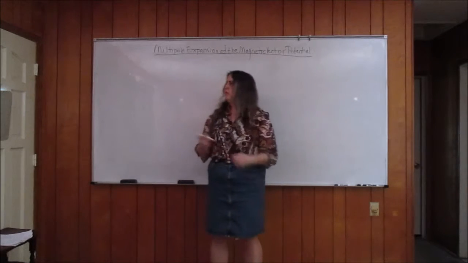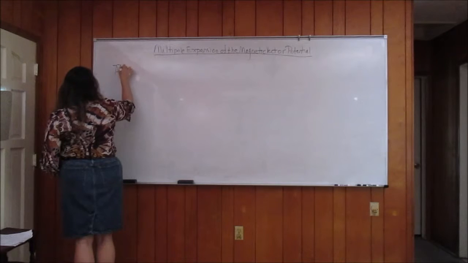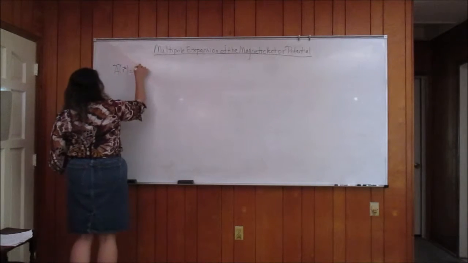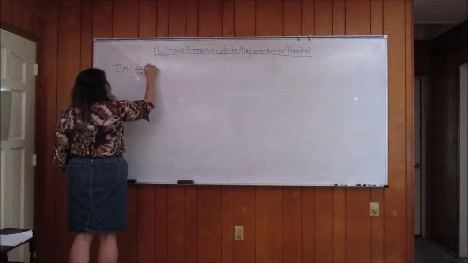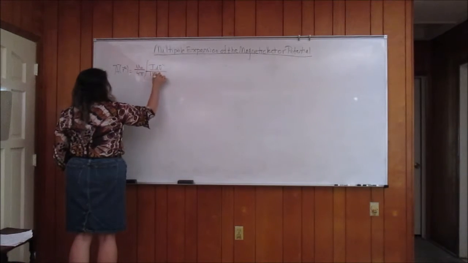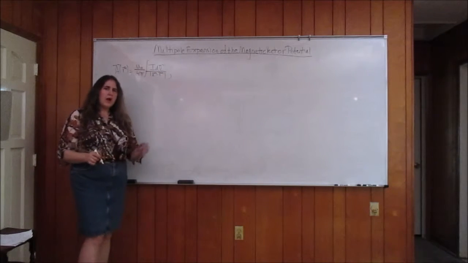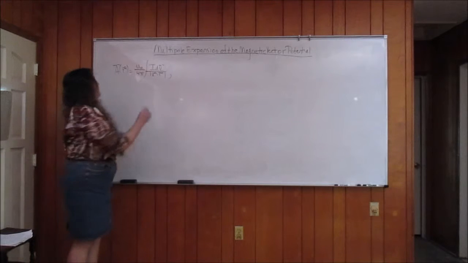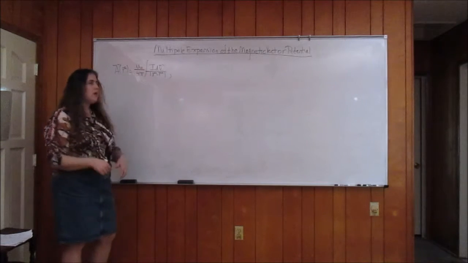So let me begin with the magnetic vector potential. That's equal to mu naught over 4 pi, line integral of the current divided by the magnitude of the separation vector.